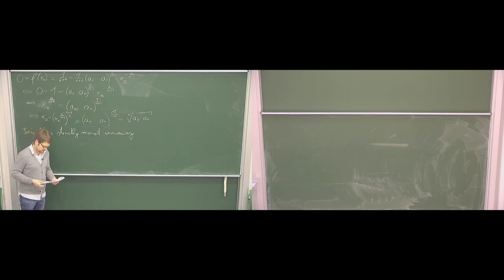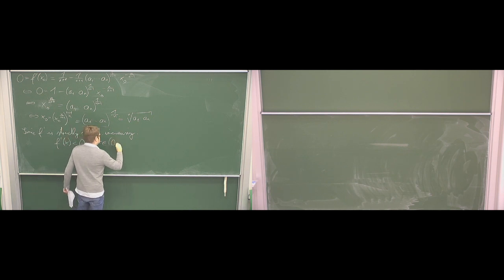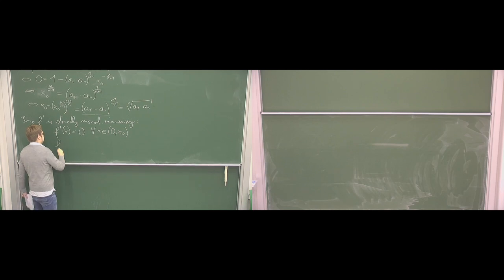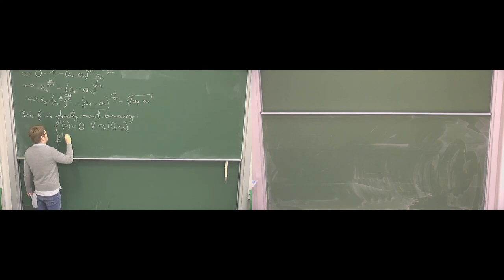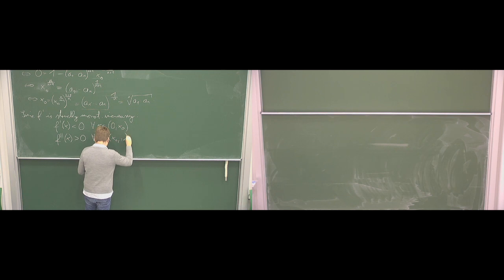Otherwise, it couldn't be increasing. So as a formula, f prime of x is negative for all x in 0 to x0. So this is the interval left of it. And f prime of x is positive, bigger than 0, for all x between x0 and infinity.